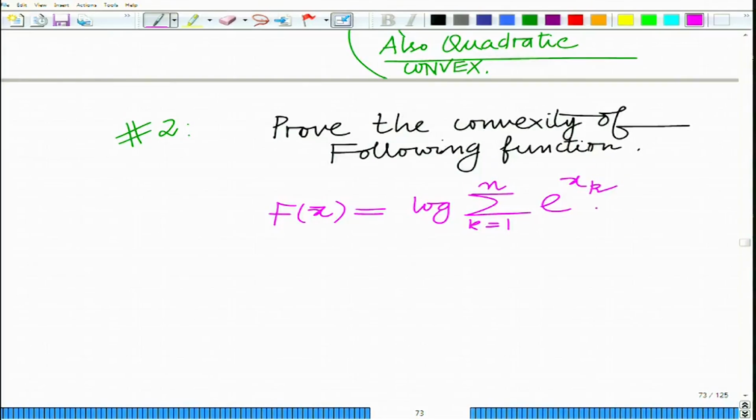So, this is log sum of exponentials, also referred to as the log of sum of exponentials.